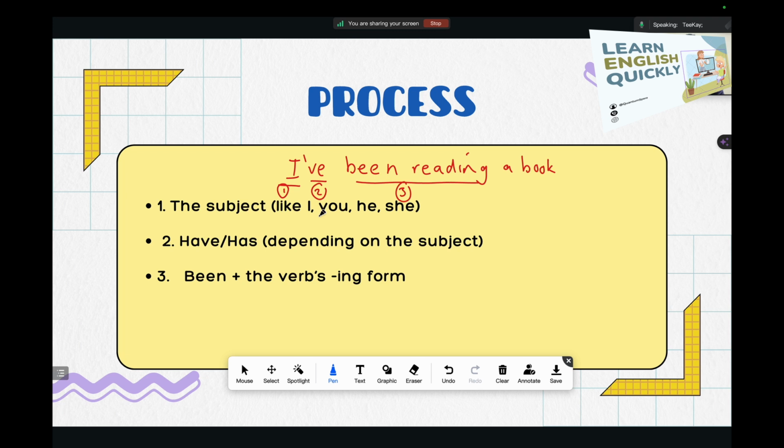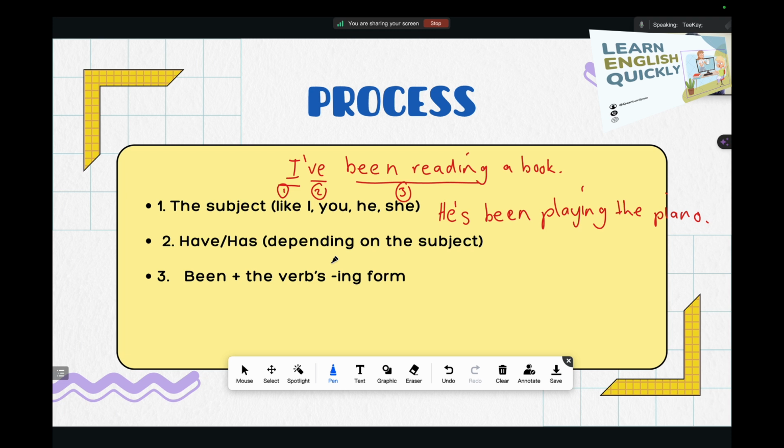So now you can see that we have the three parts of the present perfect continuous. Let's have another example before we run away. So we say: he's been playing the piano. Now, who can help us point at our three parts of the present perfect continuous?